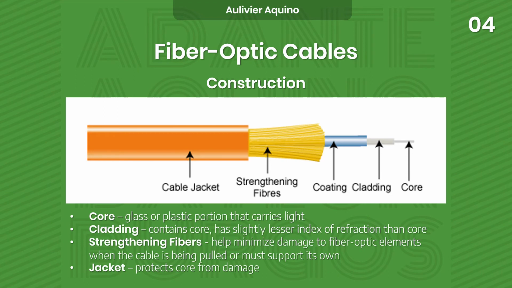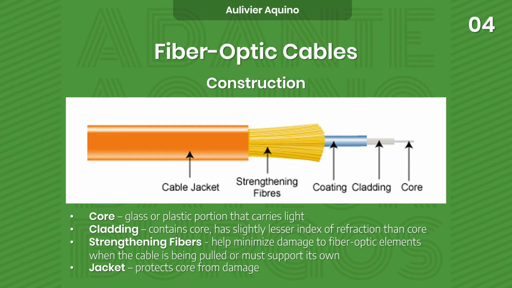Here is a picture of the construction of a fiber optic cable. Cables vary in the number of fibers. Simple cables have a single strand of fiber, while complex cables have multiple fibers. The glass or plastic portion of the fiber optic cable carries the light. This is called the core.